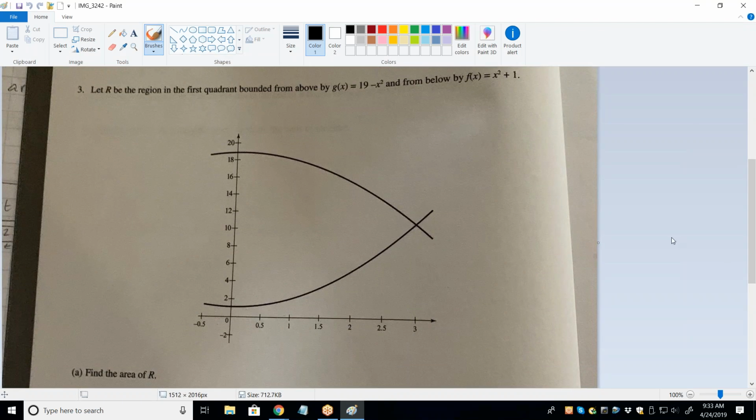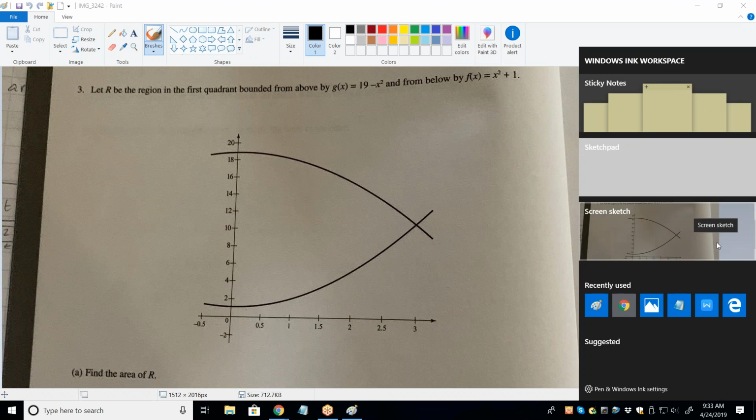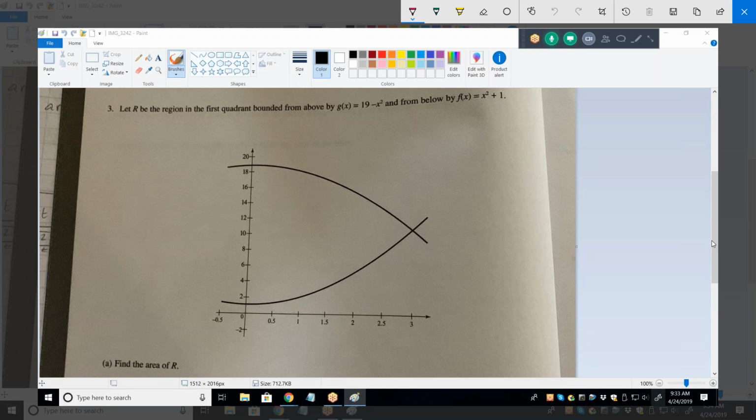So what would the area of R be? The area of R would be the top curve minus the bottom curve.